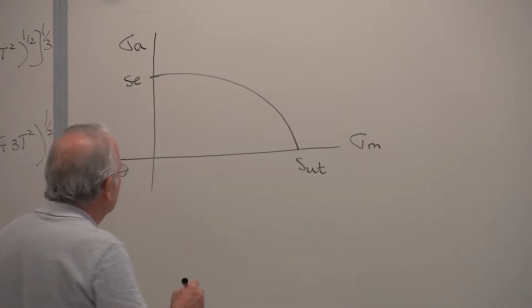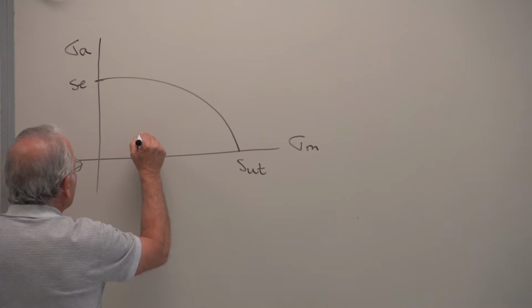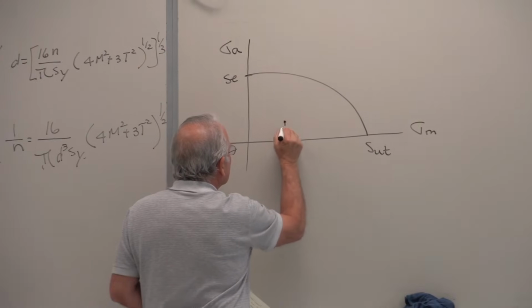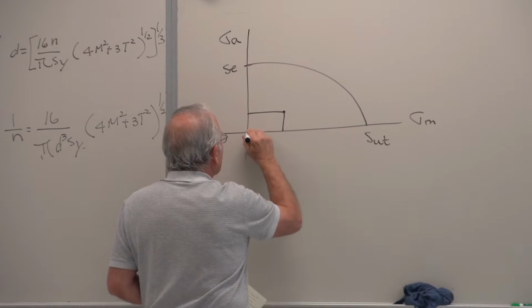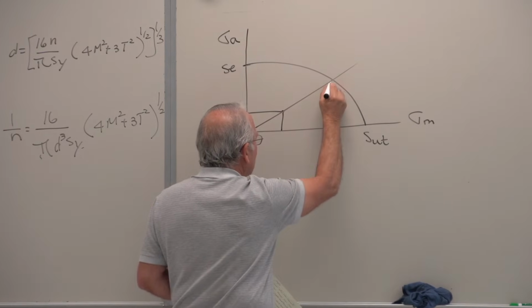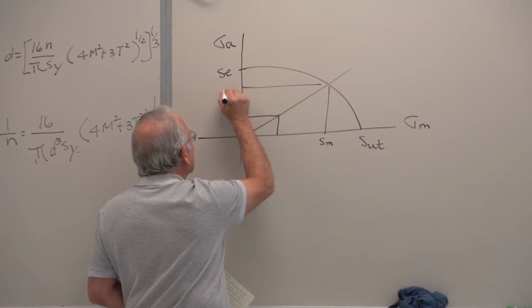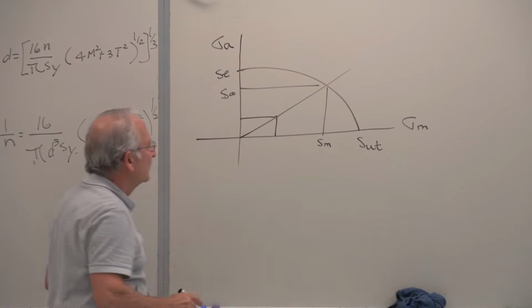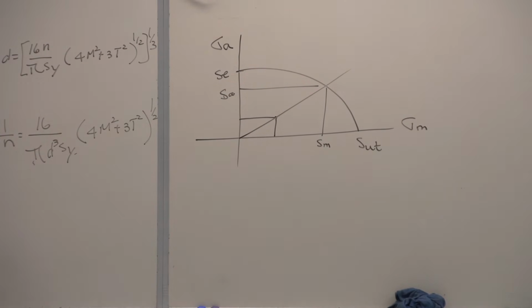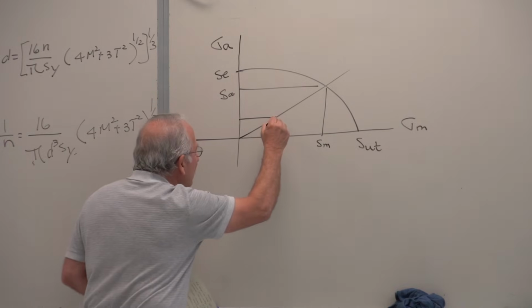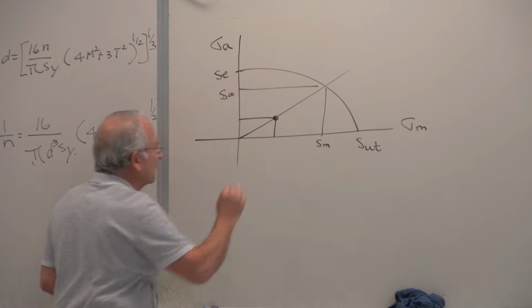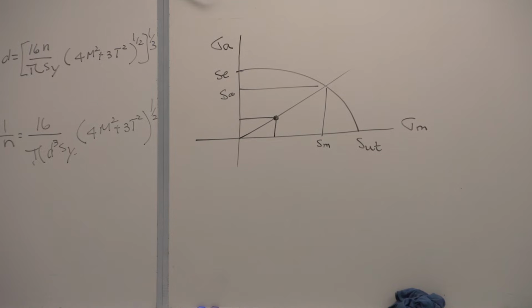And now we also plot our point. That'll be our load line. These are our limiting values. The question now is, how do we find the coordinates of that point? The point to be plotted.